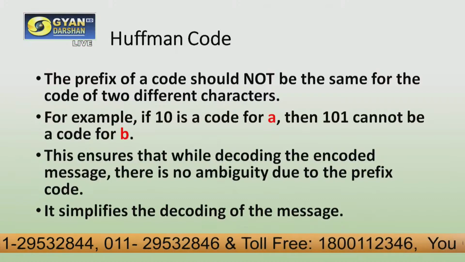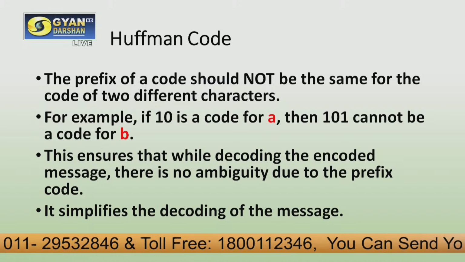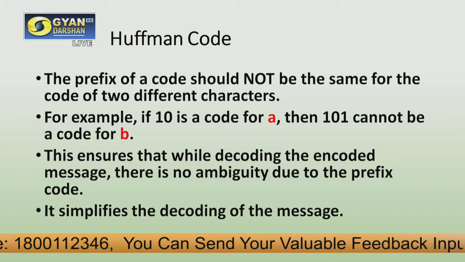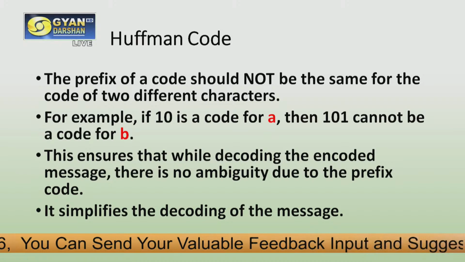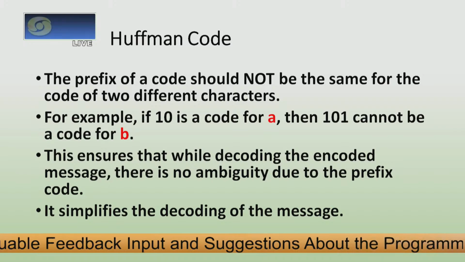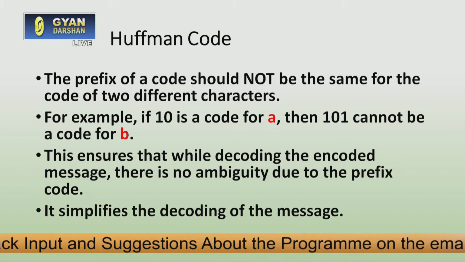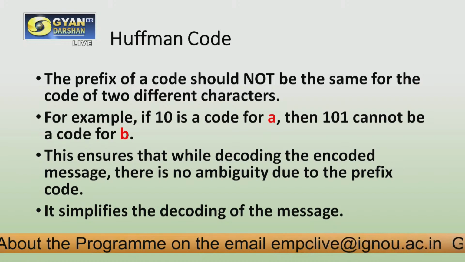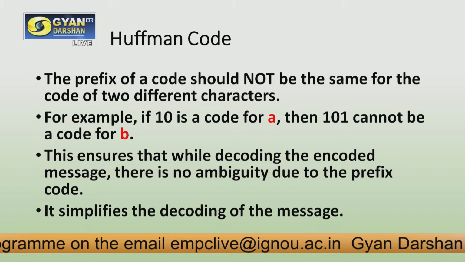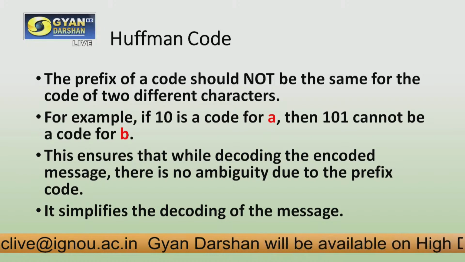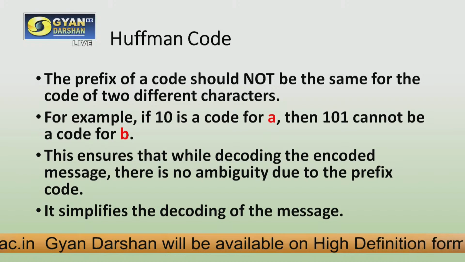If 10 is the code for, let's say, an alphabet A, then 101 cannot be a code for B. Why? Because 10 is common between A and B. So it is the prefix of the second code. Now this prefix thing is going to cause ambiguity when we are decoding, and that is why we will not allow this kind of system.